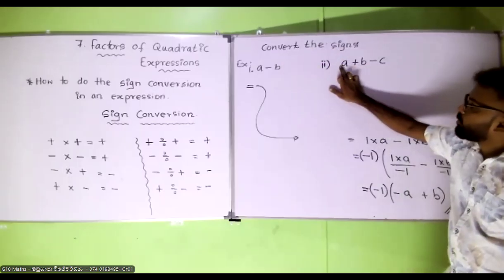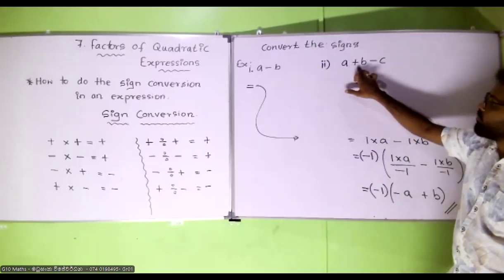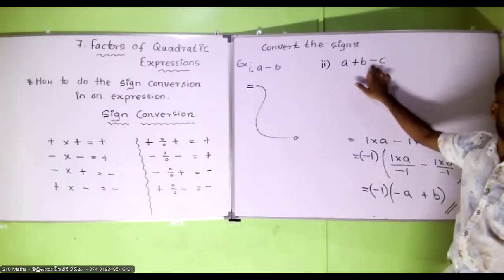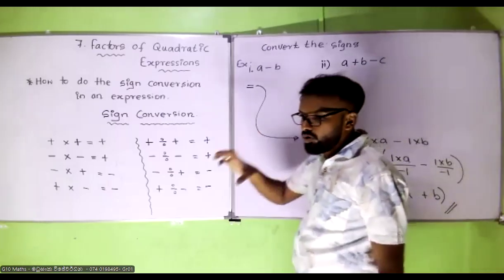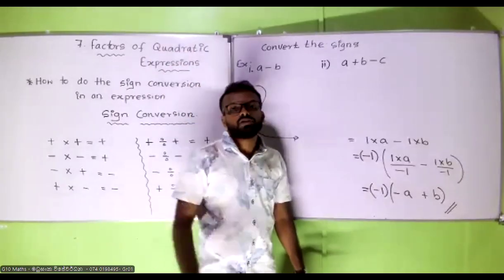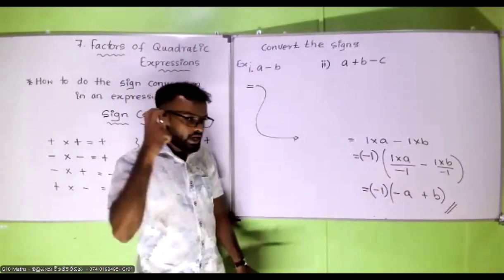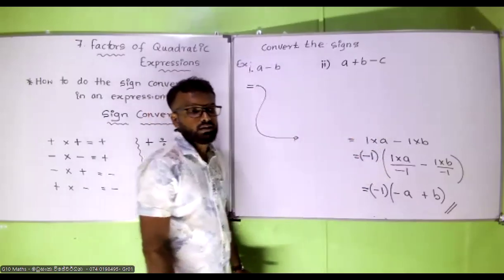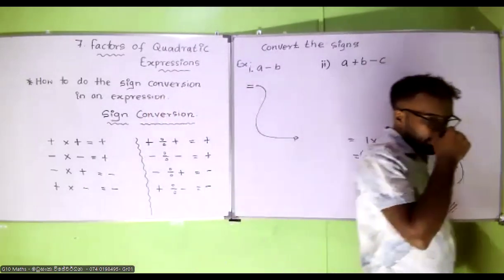This is positive A, convert it into negative. Positive B, convert it into negative. Negative C, convert it into positive. Basically, what you need to grab is how to do the sign conversion. So basically, you are going to take negative 1 out from the bracket.